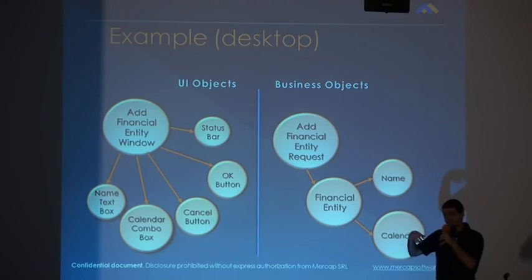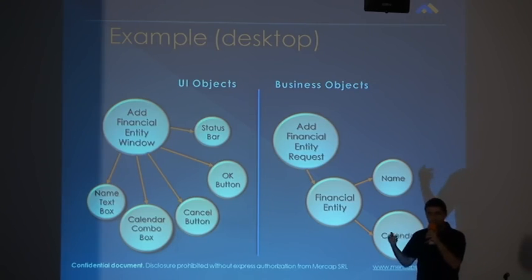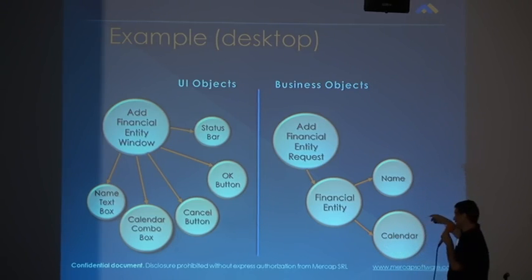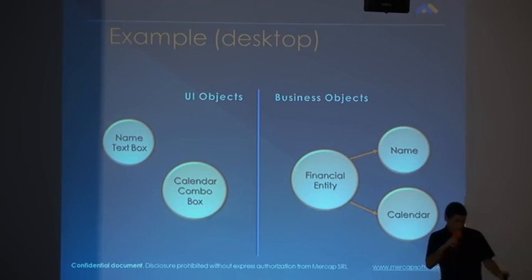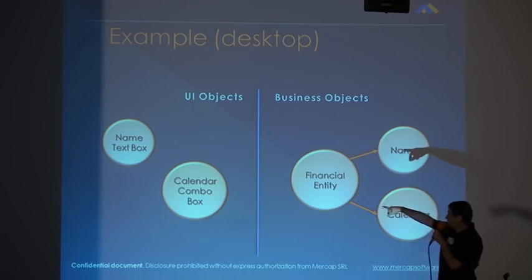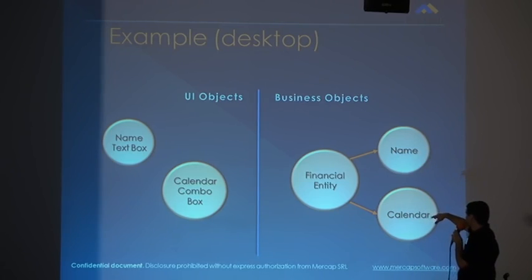In this case, the underlying model of the window is not the financial entity itself, but a user request to add that financial entity. But for now, to simplify things, let's focus on the name field, the calendar combo, and as far as business objects, we are concerned about just the financial entity, with the name and the calendar.